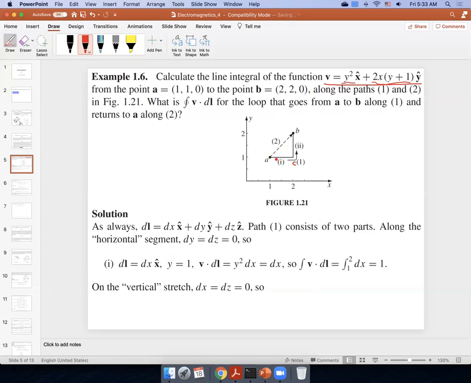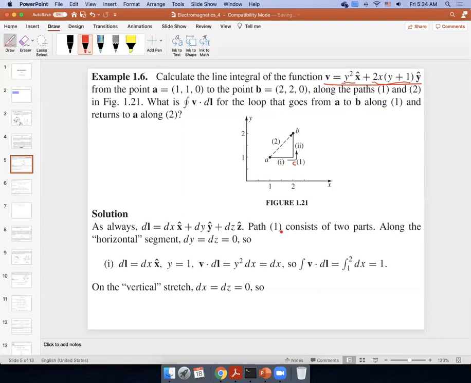For the path I, what we can do is first dl, or dr equals dx in x direction plus dy in y direction plus dz in z direction. So this is easily understandable.